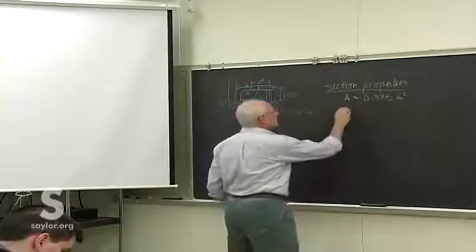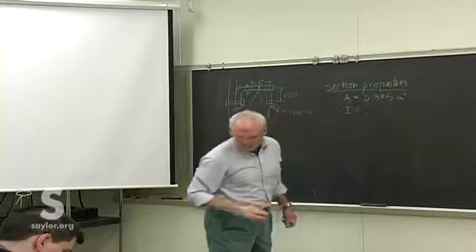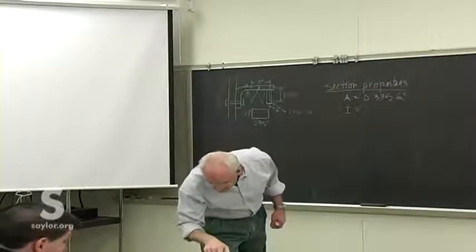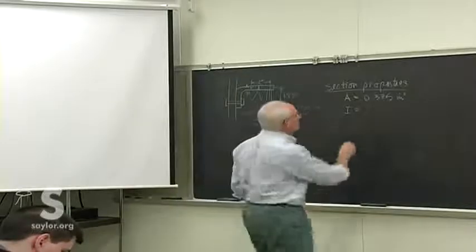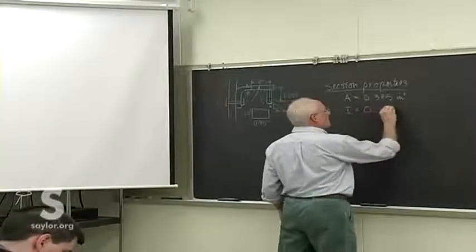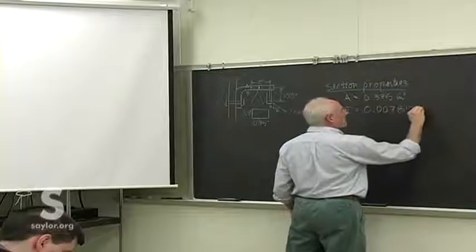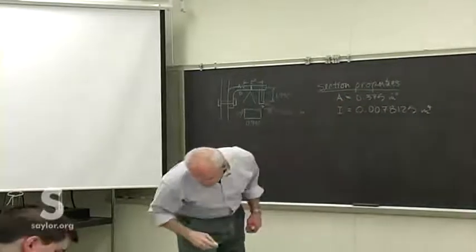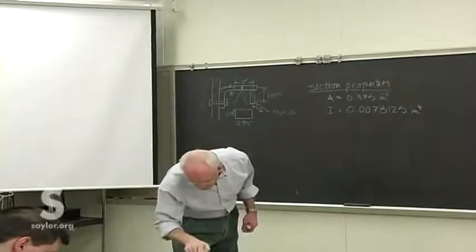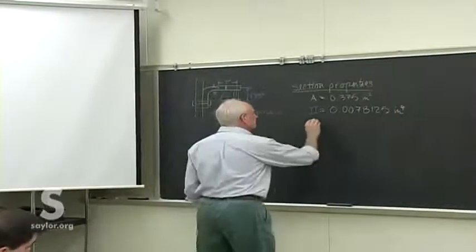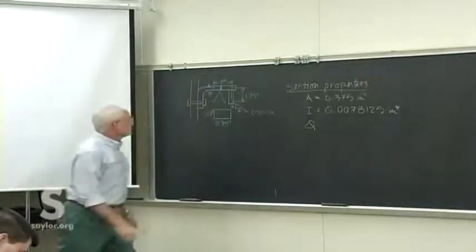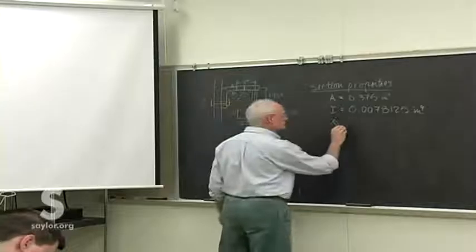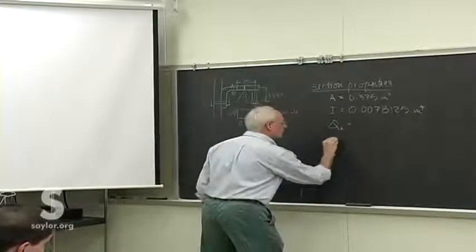We also need the moment of inertia, the 1/12 BH cubed, because it's a nice rectangular cross-section. That's 0.07825 inches to the 4th. And then there's also shear going on for both of these. So we're going to need Q, and we're going to need it for both points.